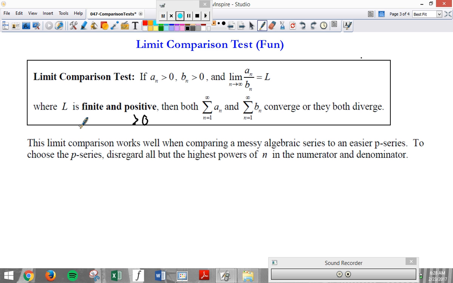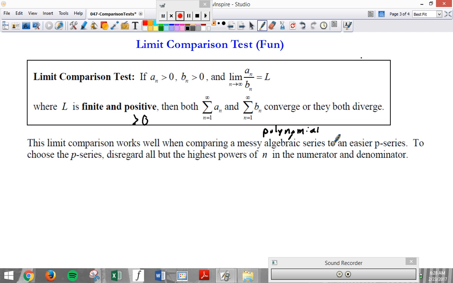So this series test works really well when you're comparing a messy algebraic series, algebraic, like a polynomial, like I would have talked about in the integration by parts lesson. I'm recording this before I do that, so it's a little confusing to me.